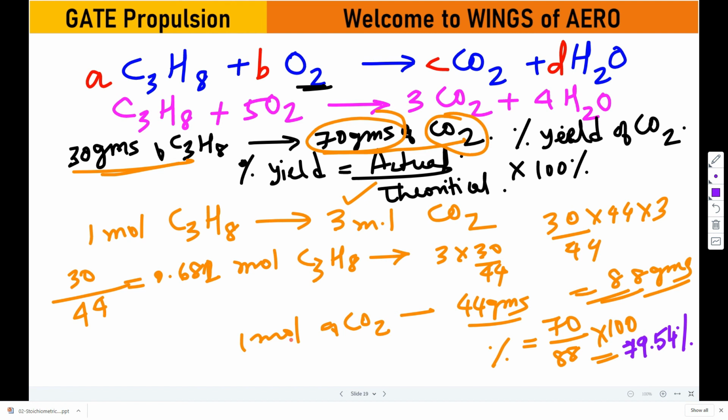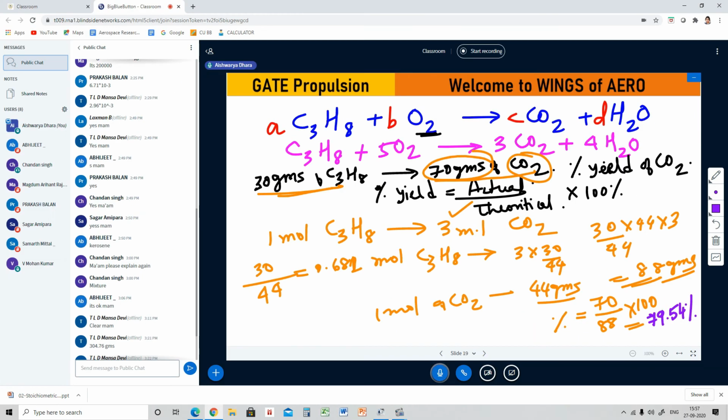Once they give the stoichiometric factor, you can find out the air and fuel ratio from here. After finding the air and fuel ratio, you can find out the equivalence or the stoichiometric factor. Alright. So this is a very small topic, but we have taken most of the time, near about 1 hour. So next topic we will move to in the next class.